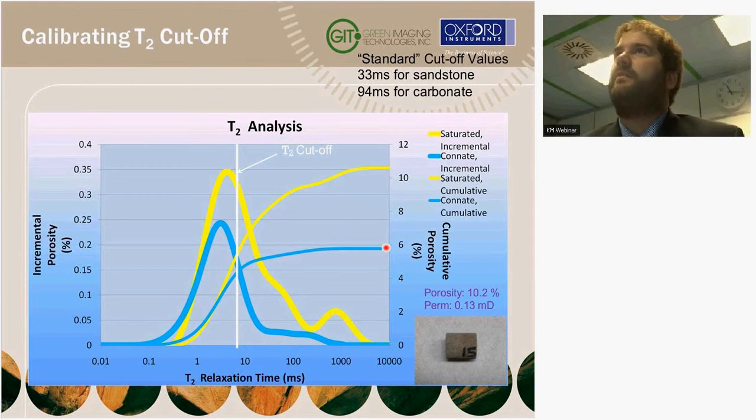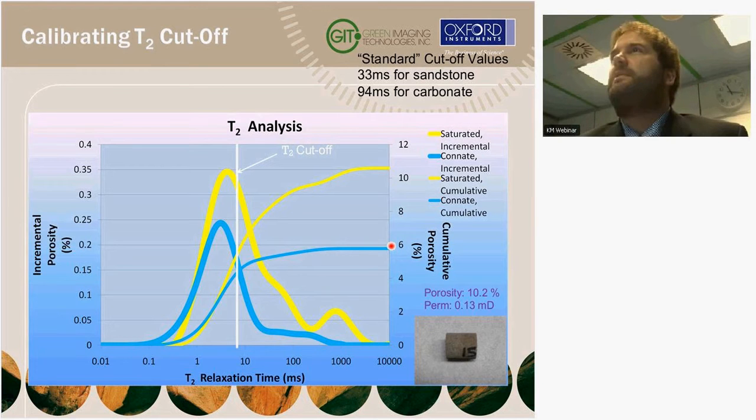So this represents all of the area underneath the blue curve. We have the free fluid, the difference. We find the cutoff value such that the area underneath the yellow curve to this line equals the area underneath the whole blue curve, and that will be the cutoff.